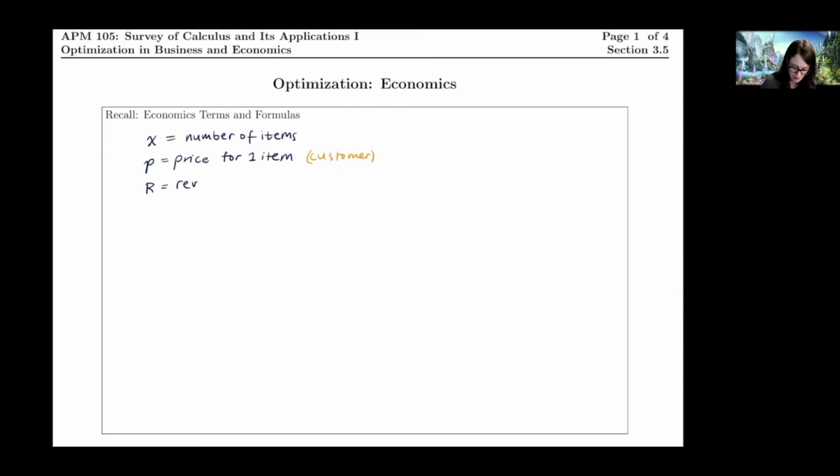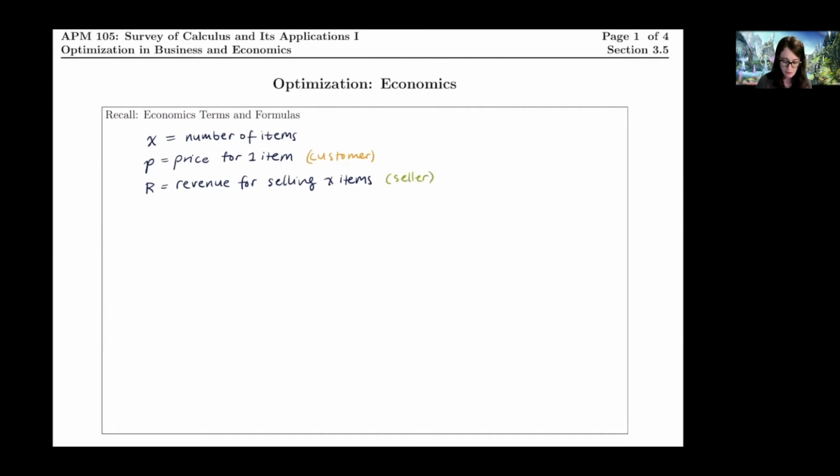So that's capital R. Revenue is the money collected by the producer or the maker or the seller for selling X number of things. So revenue for selling X items. This is also a money quantity, but this is for the seller. It's money that goes with the seller.